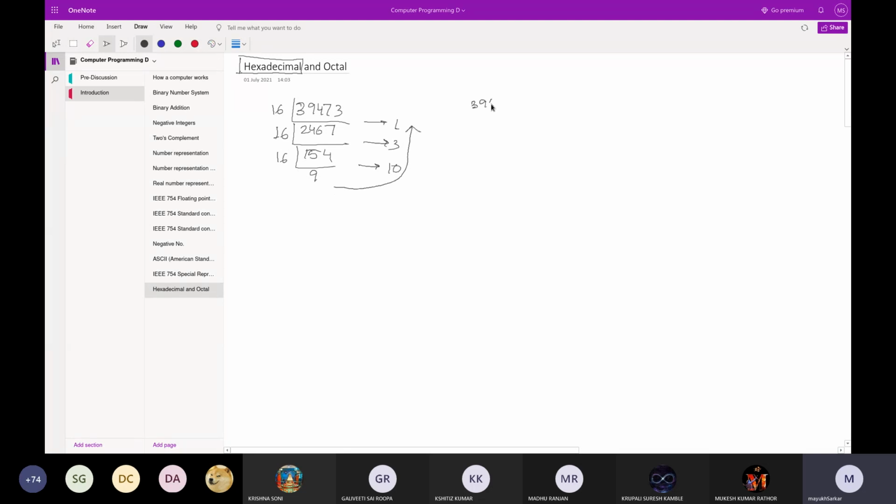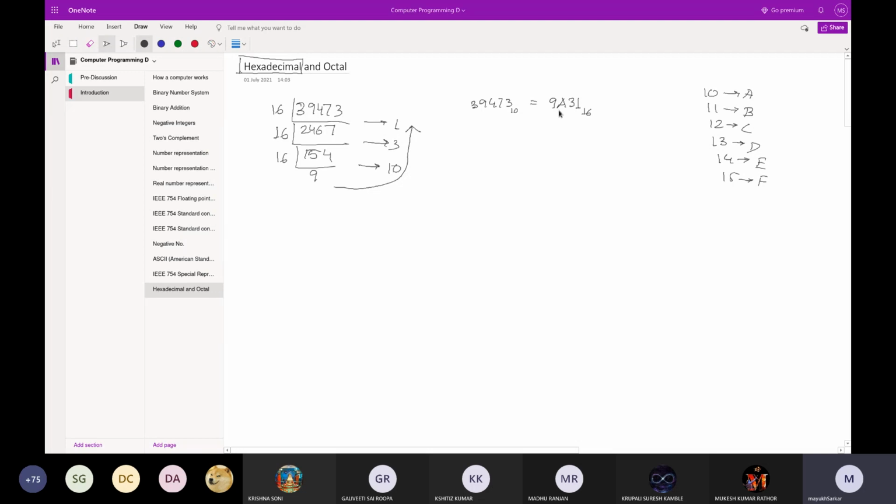So 39473 in decimal will become 9, and 10 means, as a recapitulation, 10 is A, 11 is B, 12 is C, 13 is D, 14 is E, and 15 is F. So it will become 9A31 in hexadecimal.